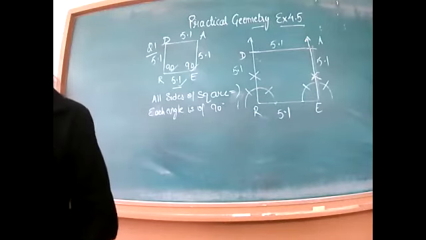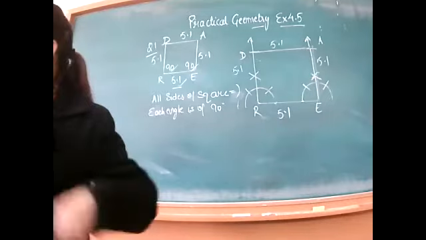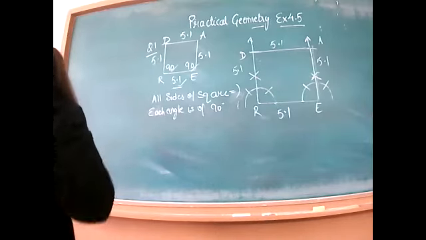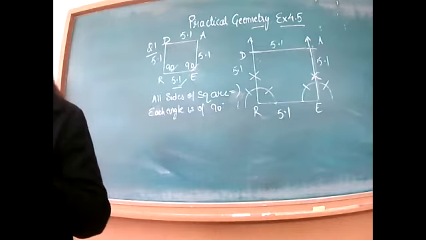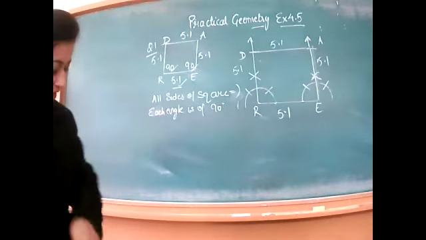Then we can make a perpendicular and then divide 5.2. We will get 2.6, and then we can make the arc of 2.6 from both up and down, and then we can make a rhombus. Yes, very good, beta, very good.